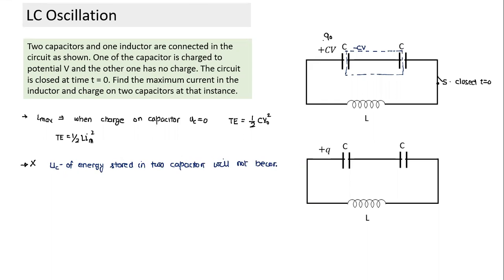So I can't equate it to 0 value. What is the equation I should form? So when would the current be maximum? Still, current will be maximum. Current maximum implies that energy stored in the inductor is maximum, and this will happen when energy stored in the capacitor is minimum.